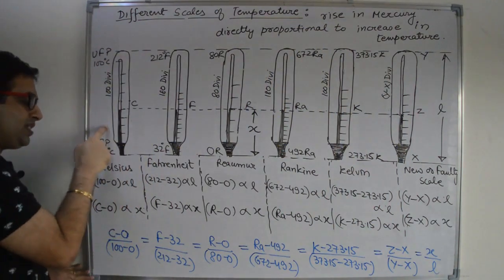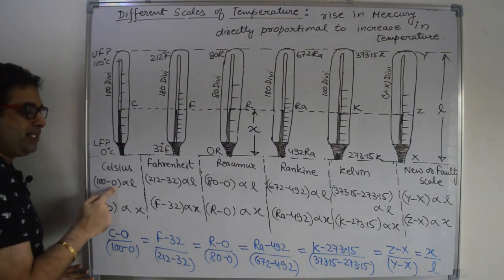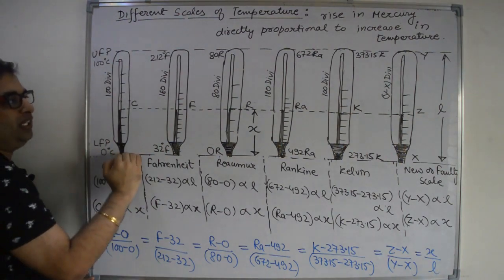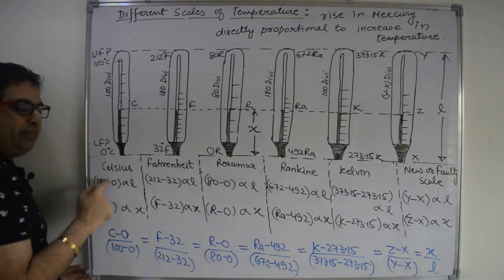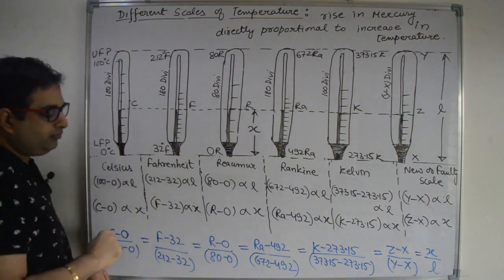So for the first scale, the Celsius scale, we can say 100 minus 0, the increase in temperature, is proportional to the height of mercury, that is L. So 100 minus 0 is proportional to L, this height gap.